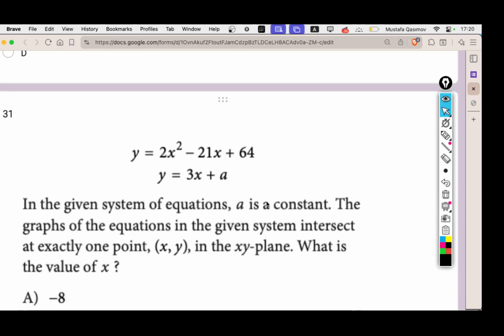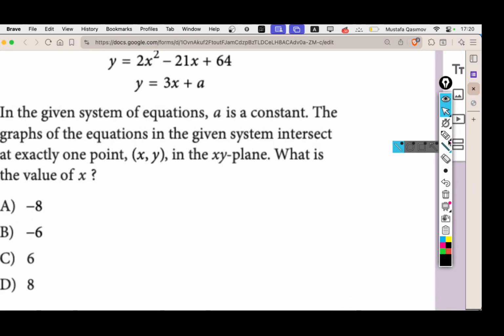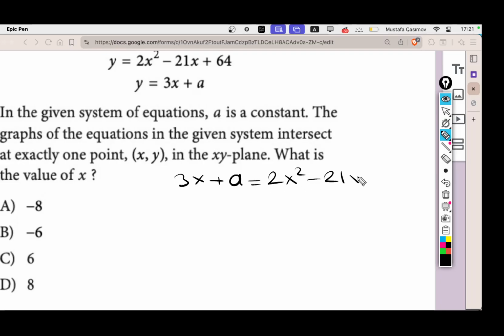31. Okay, it's a very, very good question. Let's look at it. 3x plus a. Then we can write it like that.